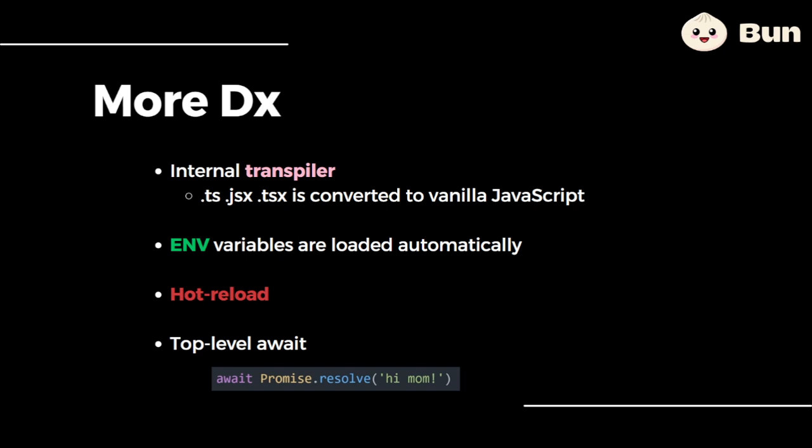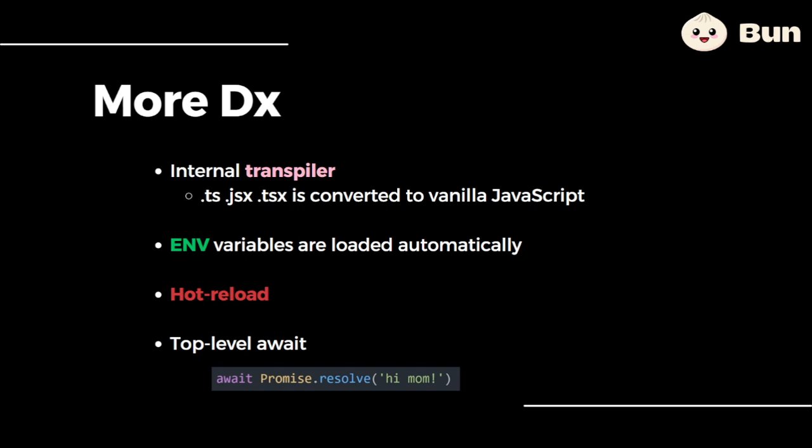Transpiling is the process of converting source code from one high-level programming language to another. And vanilla JavaScript is a term that refers to JavaScript code that is written without an external library or framework.